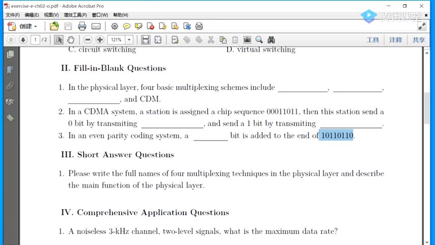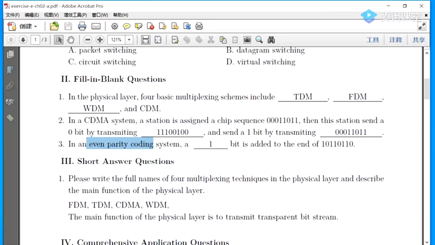This bit is appended to the end of the sequence, and it should make the number of 1 bits even, not odd. So we should add 1 bit. Why 1 bit?